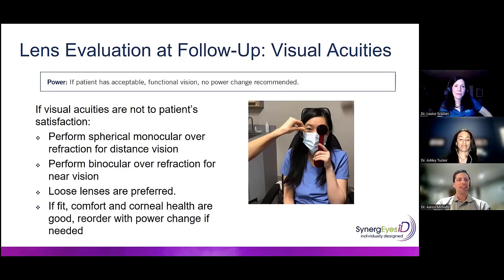However, if we have a patient who's not like these two cases we've presented, and you've got a little work to do, we're going to start with a spherical over-refraction at distance. Obviously we'll do that monocularly at first, with plus minus a quarter, and go from there. Then at near, we're going to switch to binocular near vision.